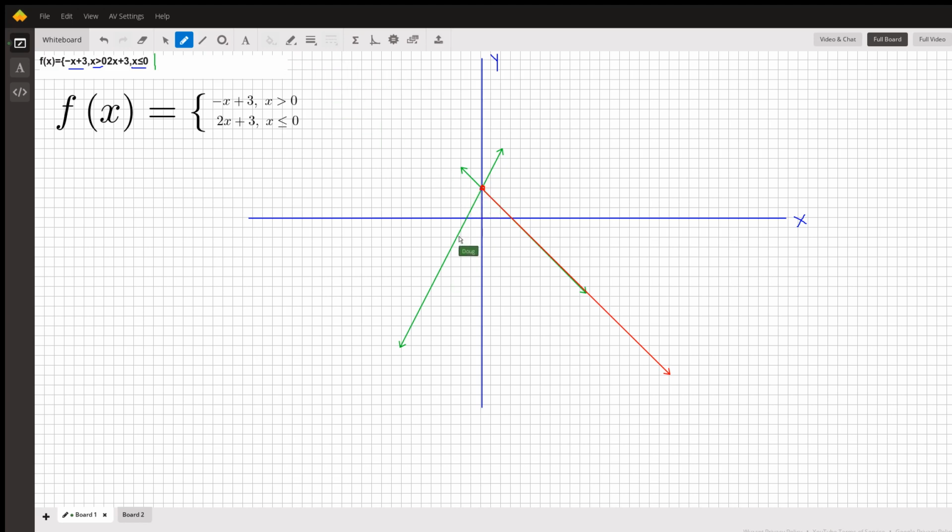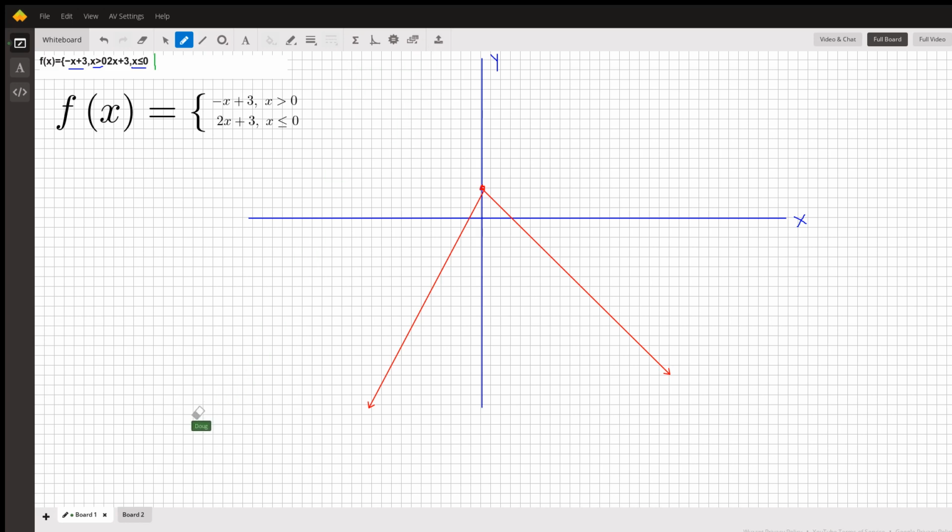So that's right here. If you're doing this on your own graph paper, you could lightly sketch in the green lines and then darken in the lines that are the pieces that matter, and then maybe erase the rest. Anyway, there's the final graph like that.